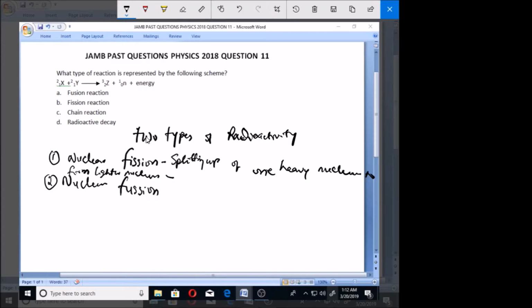So it will form these nuclei, and it will also release neutrons and energy. So that is the definition of nuclear fission, breaking down.